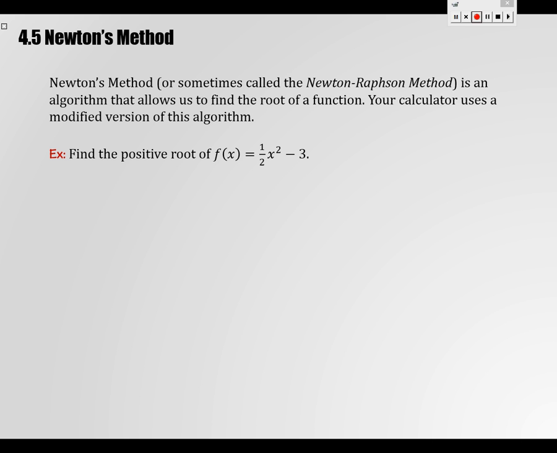You realize that your calculator is able to find the roots, if you've played around with it before, even for the most terrible functions, like e to the 3x times sine x or something like that. You have no way of algebraically obtaining those solutions. And even for higher order polynomial functions, we don't have a way of doing anything.